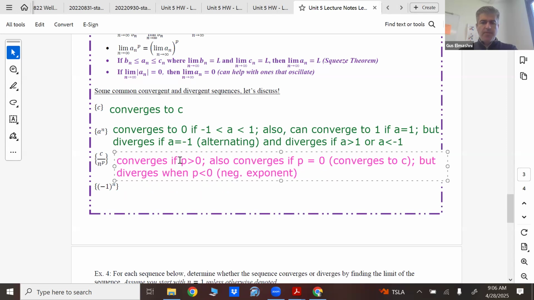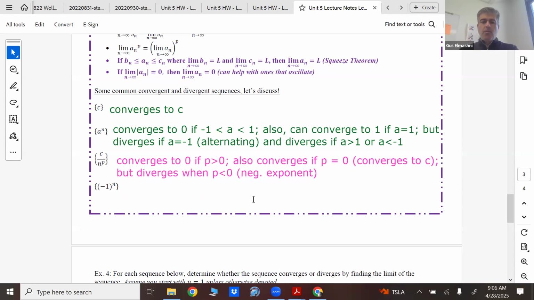And what does it converge to if P is greater than 0? It would converge to 0, right? Why would this expression converge to 0? Think about it.